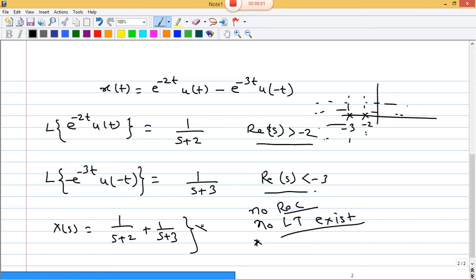So this is not the correct Laplace transform of the given function. Using this problem, we have seen which one has a valid Laplace transform and which does not.